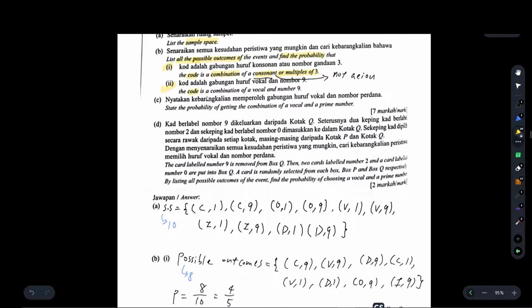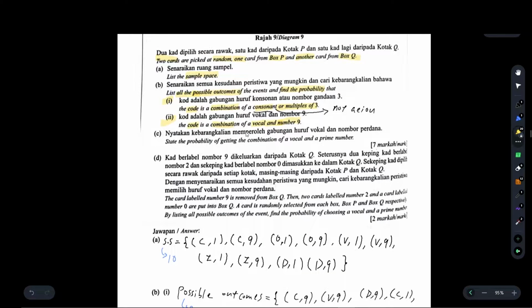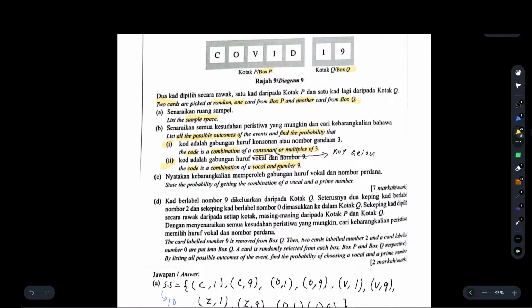So for the second event, it is the code that has a combination of a vocal. I think it's supposed to be vowel, but never mind. The combination of vowel and number 9. The question says "and", so this combination must have both vowel and number 9.